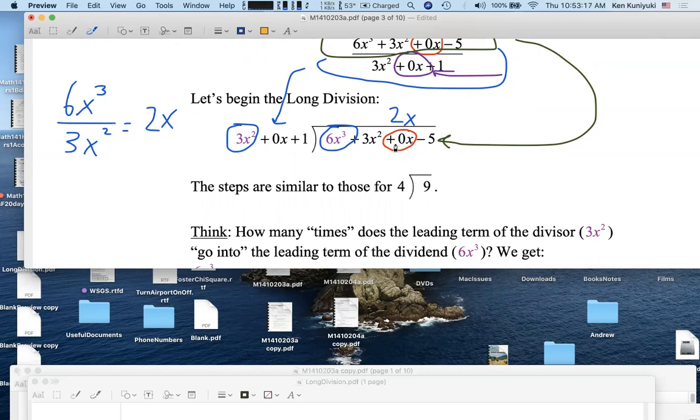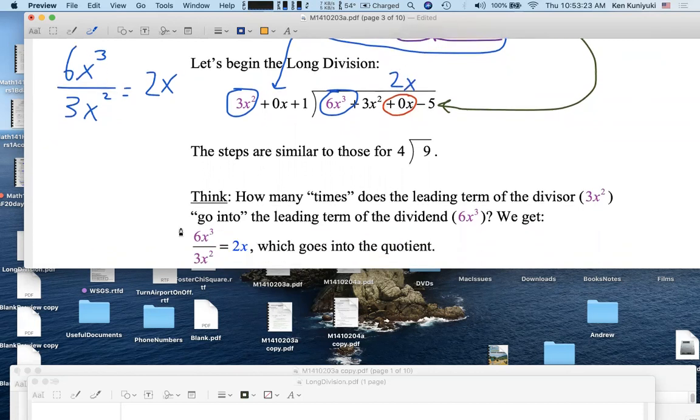But again, it's a good idea to put the plus 0x here, and then you put the 2x in the quotient up on top. All right, so once again, the leading term of the top, 6x cubed, divided by the leading term of the bottom, the divisor, 3x squared, we get 2x, which goes into the quotient. It may not be the entire quotient, but it's the leading term of the quotient.